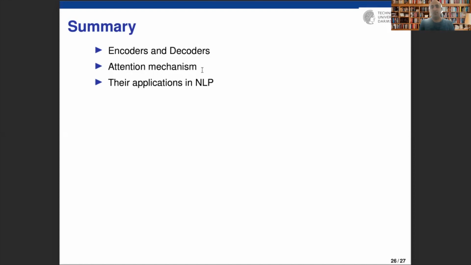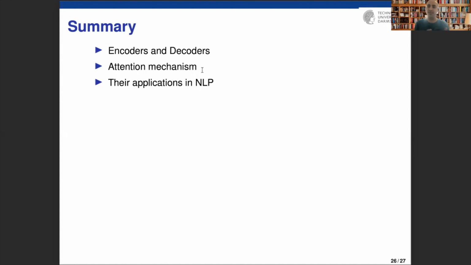So in this lecture, we discussed encoders and decoders. We discussed different mechanisms for how we can encode input text or images to vectors, and how we can decode a vector to some text. We also discussed the attention mechanism, how we can focus on different parts of the input text.